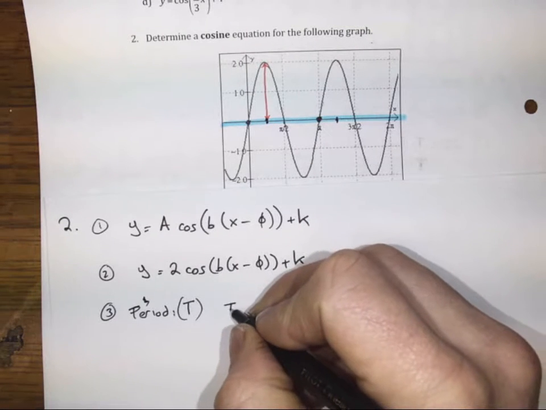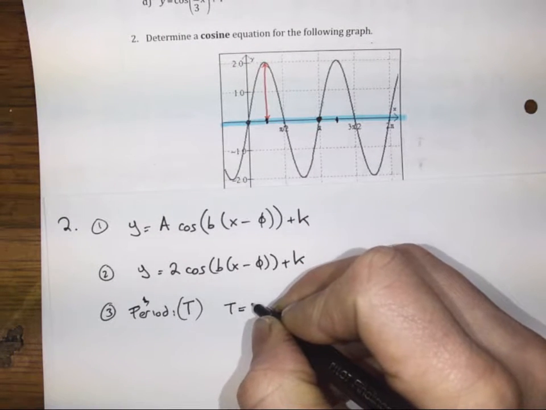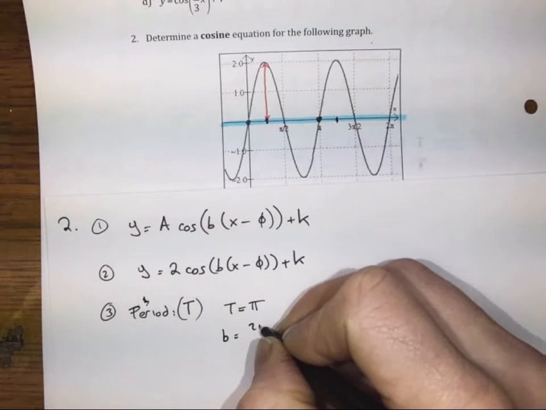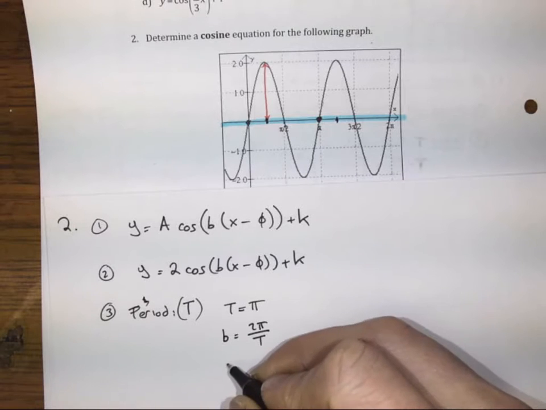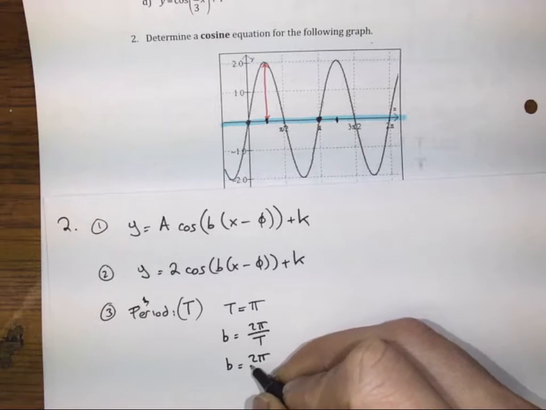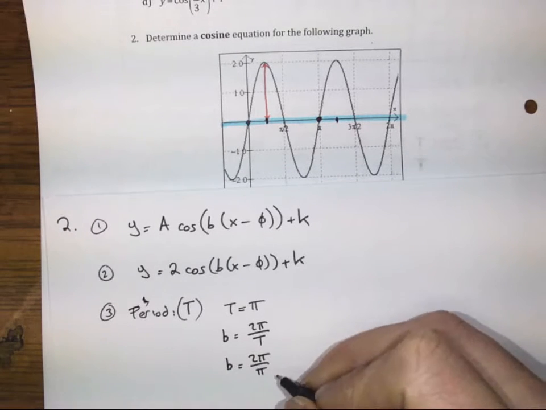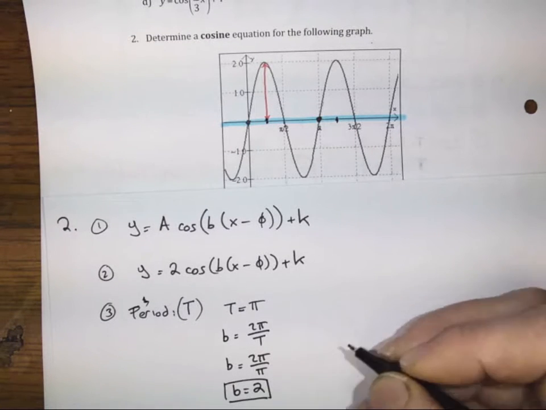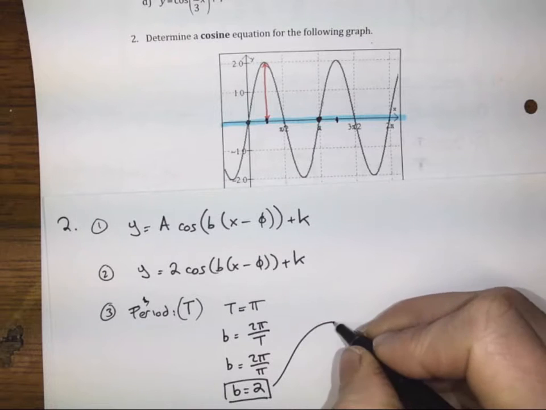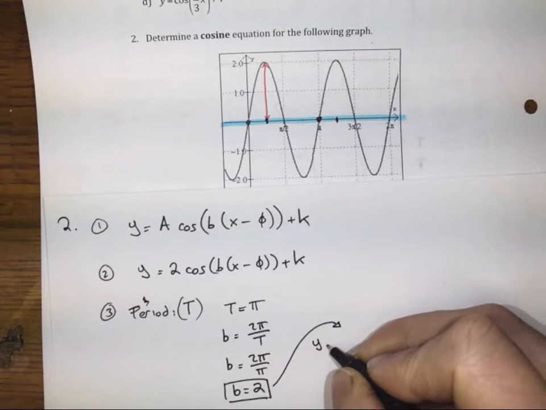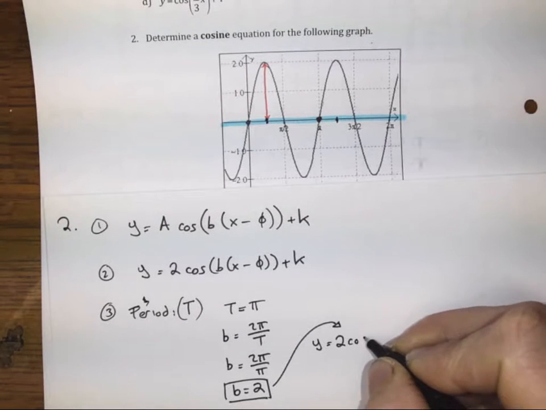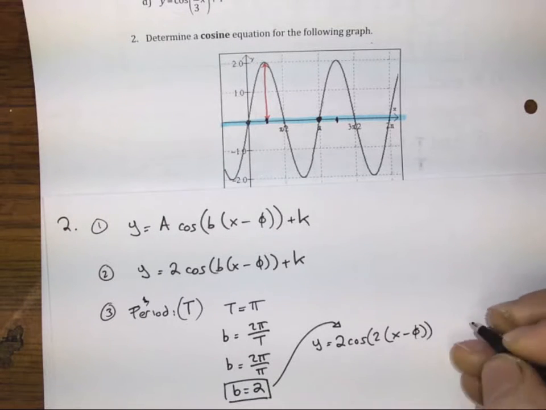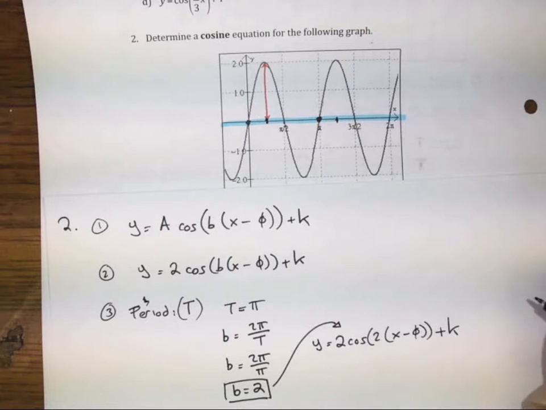So T equals pi, and b is equal to 2 pi over T, so b is 2 pi over pi, so my b value is 2. Okay, so my function could be rewritten as y equals 2 cosine(2x minus phi) plus k.